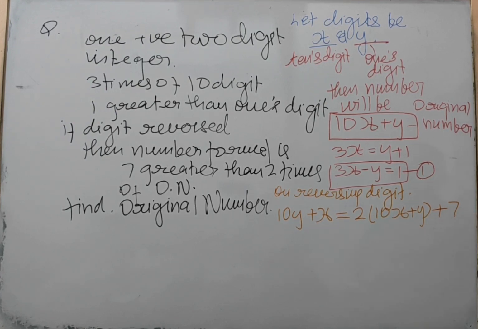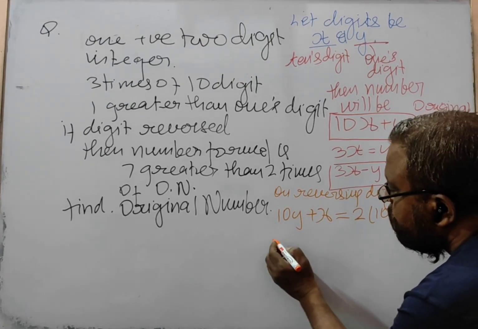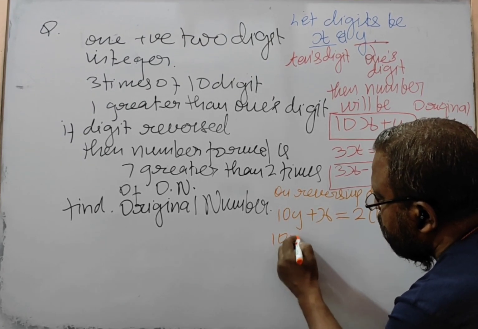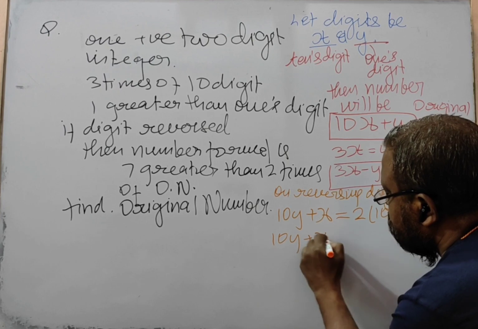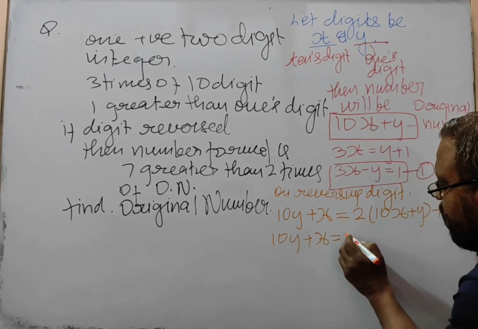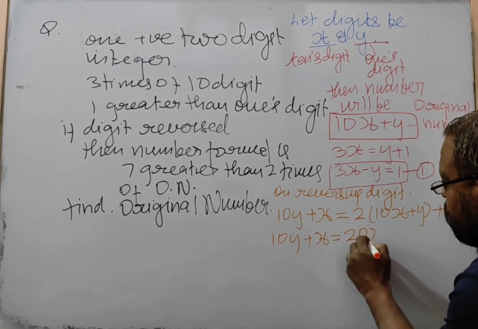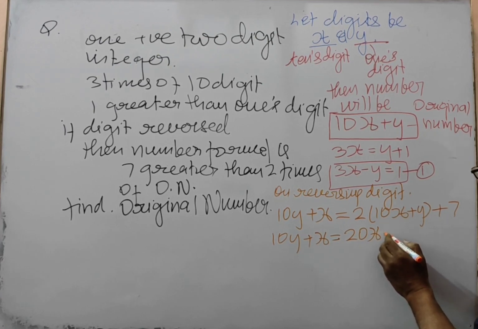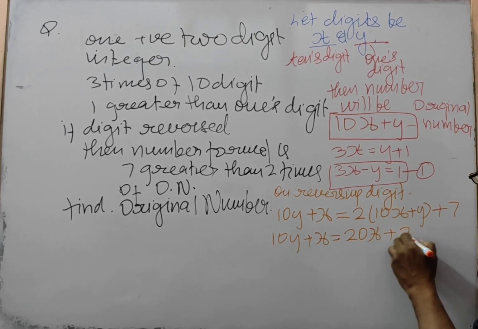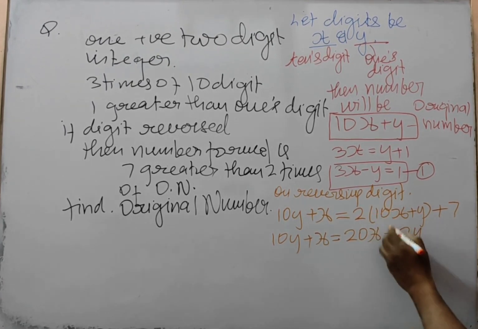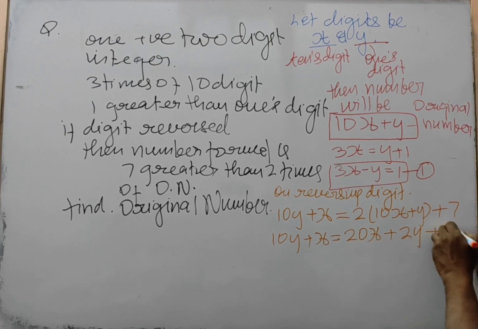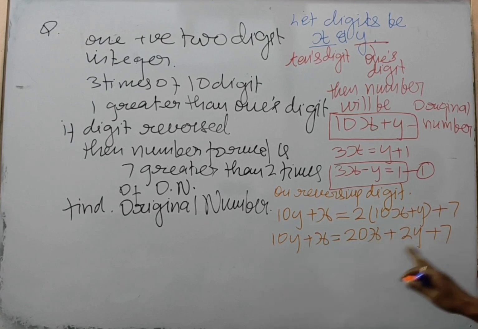Great. Now when we solve this, it becomes 10y plus x is equal to 20x plus 2y plus 7, right? Now we bring all these to the other side.